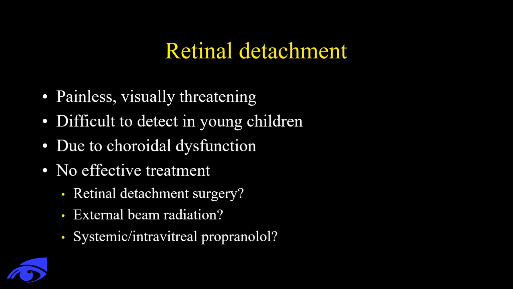This is sometimes very difficult to detect in young children, and when the choroid, which is the dry wall on which the retina is attached, has any dysfunction, retinal detachment can happen much more readily. Unfortunately, when retinal detachment occurs in Sturge-Weber syndrome, there is really no effective treatment. Everything we do for these young patients on many fronts are experimental, and the outcome is uncertain.